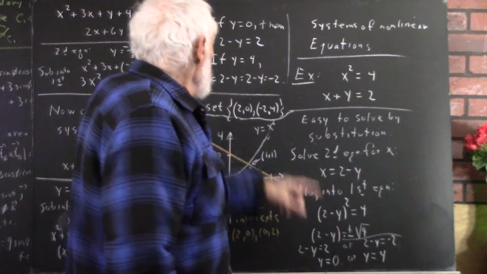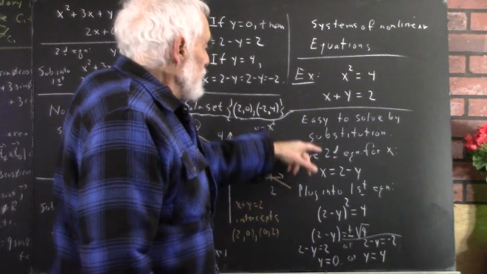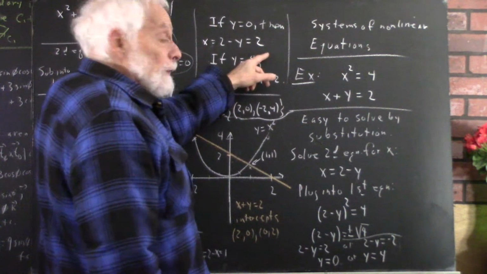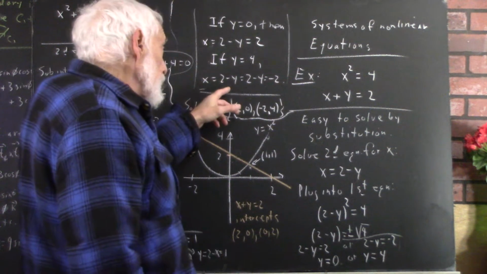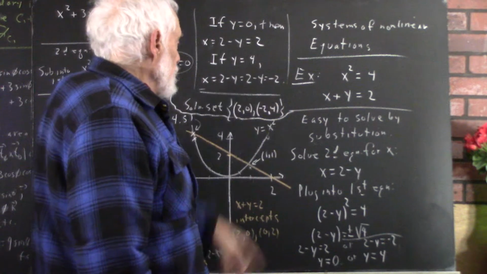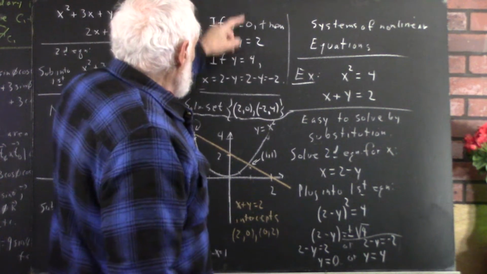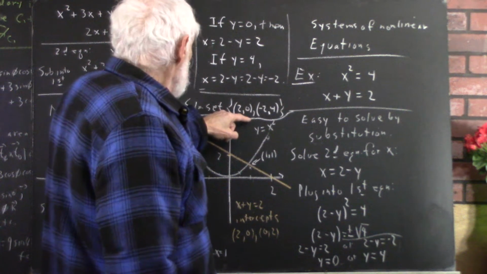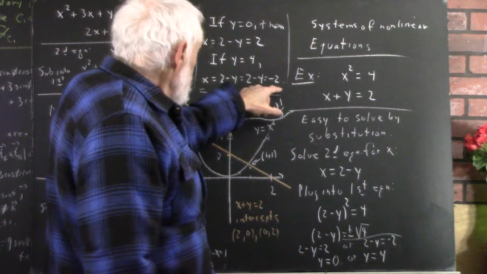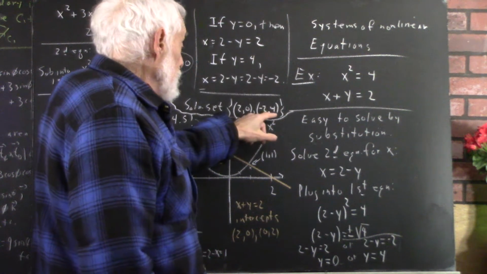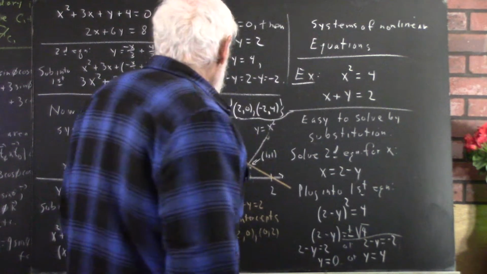If y equals 0, then x, which equals 2 minus y, would have to be 2. And if y equals 4, then x would be 2 minus 4, or negative 2, so we have the solutions x equals 2, y equals 0, again the point (2, 0), and x equals negative 2, y equals 4, the point (negative 2, 4). Just two ways to solve this simple system.